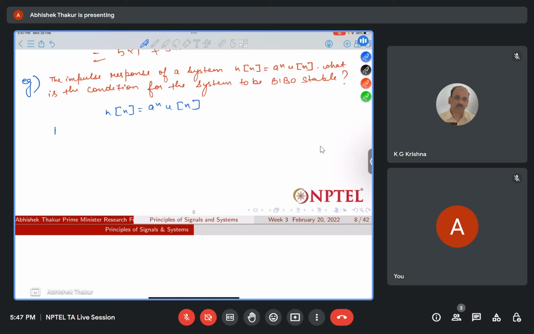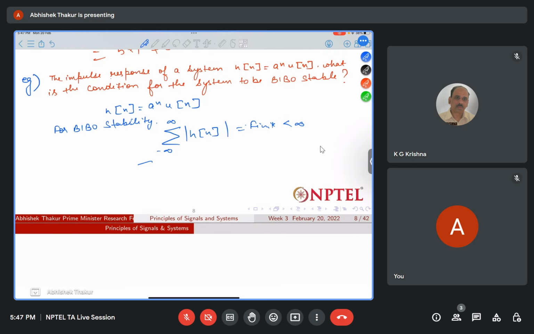For bounded input, bounded output stability, we have to check the summation of |h[n]|, n from minus infinity to infinity, is less than or equal to some finite value, or less than infinity. So the summation of a^n u[n] will be equal to the summation n equal to 0 to infinity of a^n.